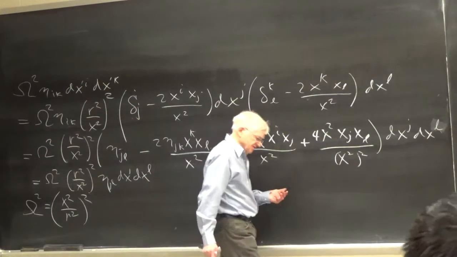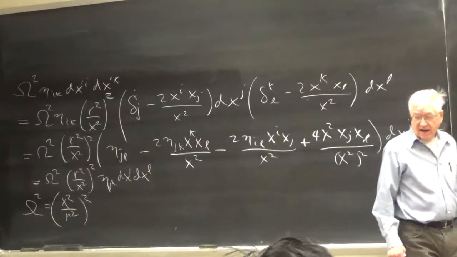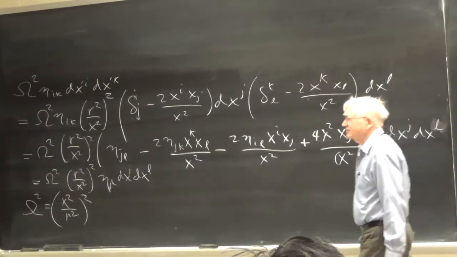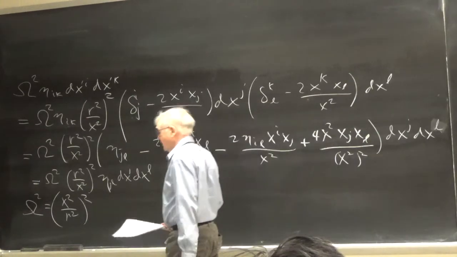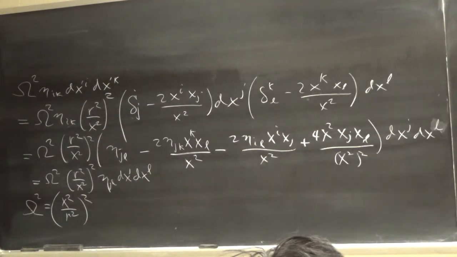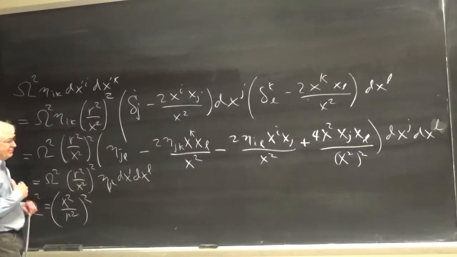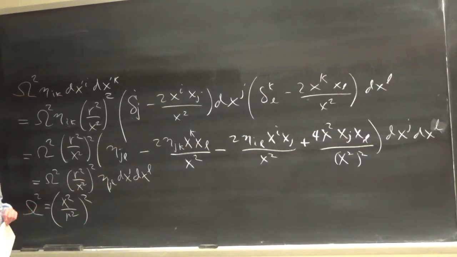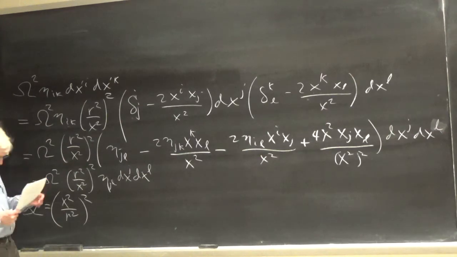A translation is a conformal transformation. But now an inversion is not an infinitesimal transformation. On the other hand, we can get an alternative infinitesimal conformal transformation by combining translations with inversions.